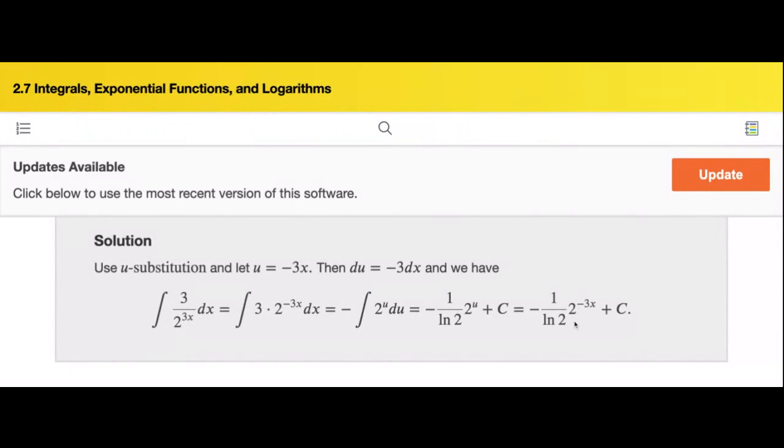Usually if we have 2 raised to negative 3x, we don't consider that simplified. So we would rather write the answer as negative 1 over ln 2 times 1 over 2 raised to 3x. So instead of 2 raised to negative 3x, we write 1 over 2 raised to 3x plus c.